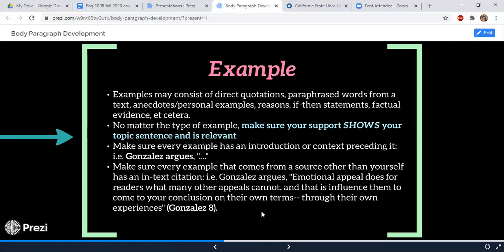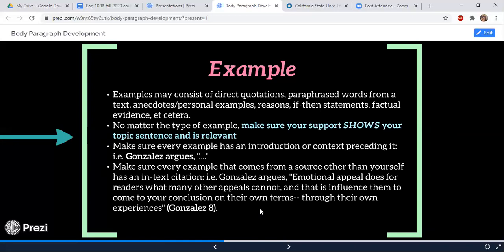That's a pretty chunky quote, and therefore the writer should pull out some key language. For example, they might zero in on this idea, experiences, and connect it to emotional appeal. They might say, here the author clarifies that the reason emotional appeal or pathos is so strong is because it taps into an audience member's own personal experiences that they can connect to the emotional aspect of the argument.